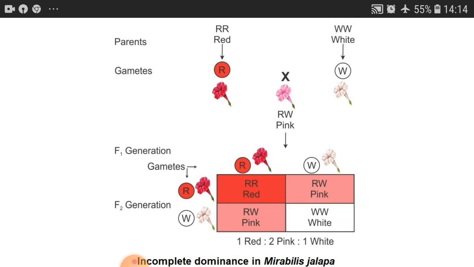So, the expression of the traits of two pure parents as an intermediate condition or fine mixture in the F1 hybrids is known as incomplete or partial dominance. This is also known as blended or intermediate or mosaic inheritance.